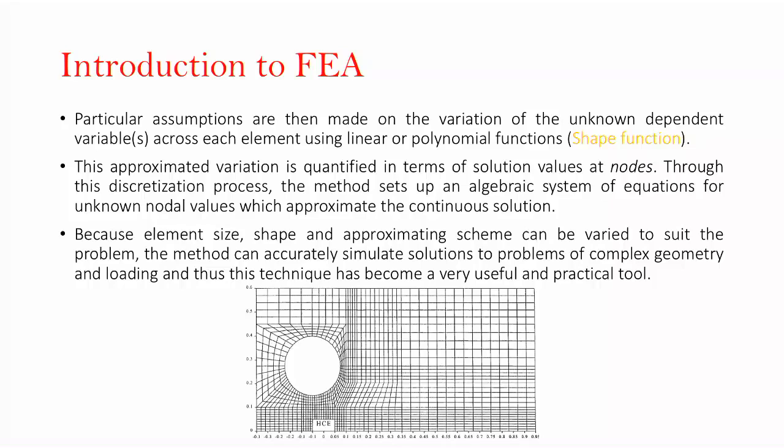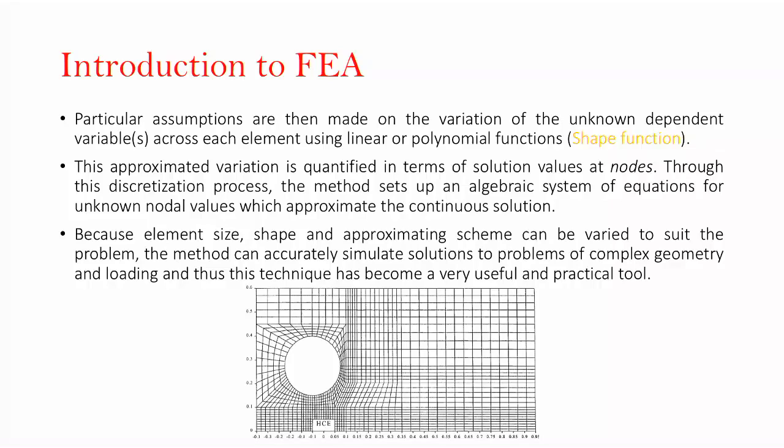For example, we can see that at some points, especially in this plate, we have high stress concentrations, which means that the variation of the stress in those areas is high, right? So we need to capture those variations carefully. How can we do that?